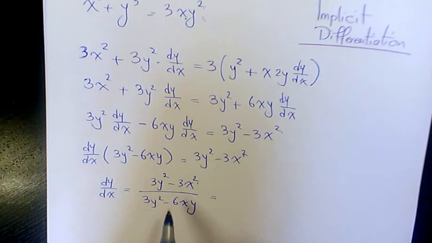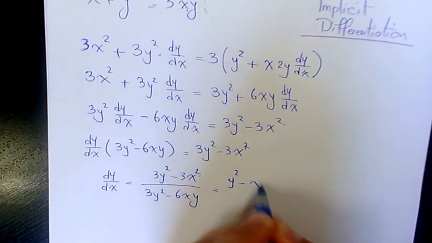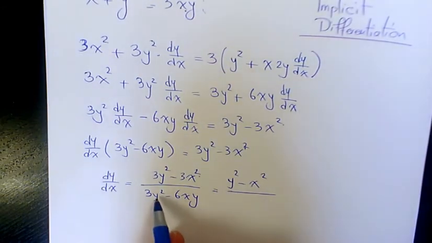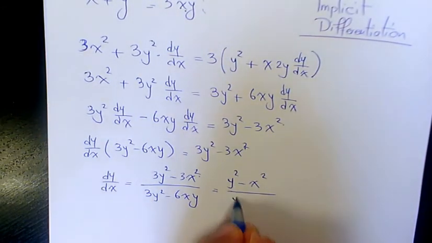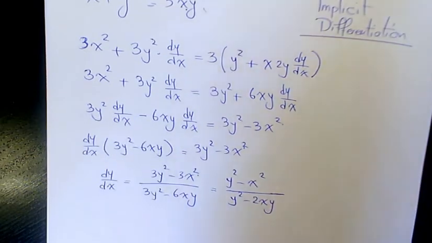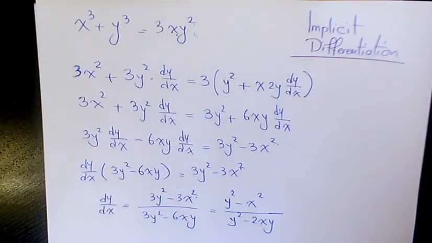I can divide both the numerator and denominator by 3, so it's going to be y squared minus x squared divided by y squared minus 2xy. So that's going to be the final answer to this question.